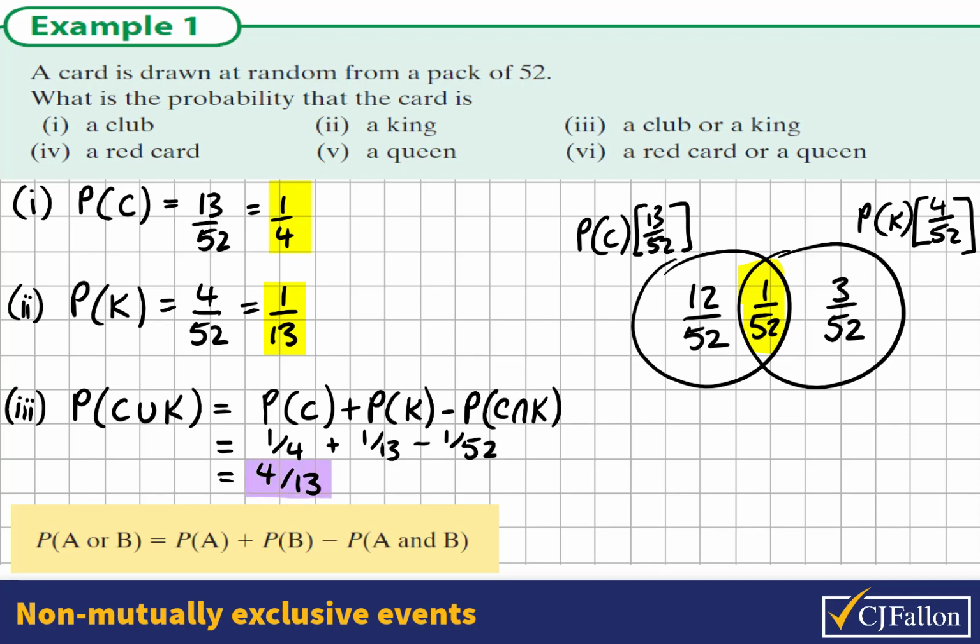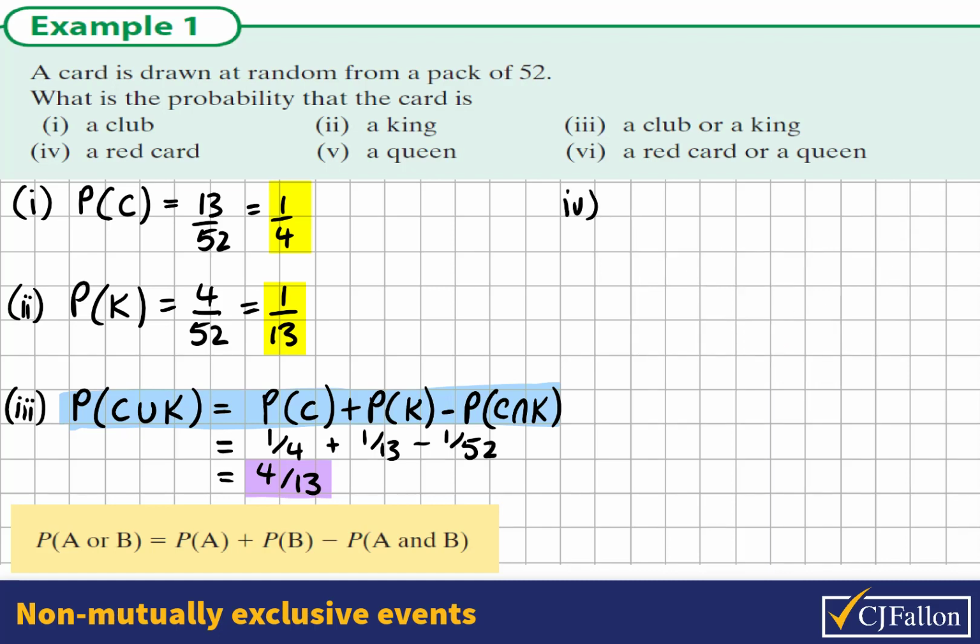So we could see why this formula makes sense. Let me just highlight the formula here. This is worth knowing. This is the formula for events that are not mutually exclusive. It's simpler if they are mutually exclusive. Well, this formula still works, but it just happens that the overlap is 0. So this formula is always true.